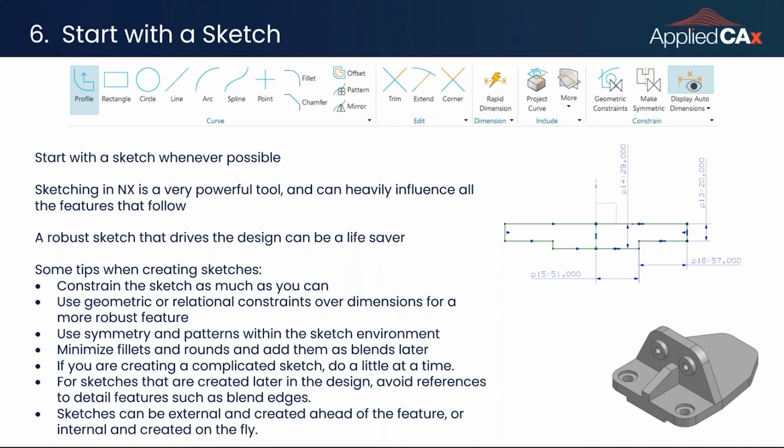Like you don't want to dimension to the edge of a blend and then that blend gets a little bit bigger because of something that happened with the part, or it looks better this way, and now your sketch is starting to shift and you might not even be aware of it, so you wouldn't catch that problem right away. And so you want to orient your sketches relative to the part itself and not always to other features within the part.